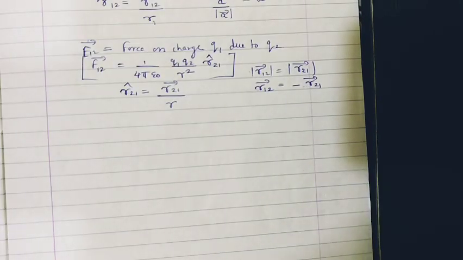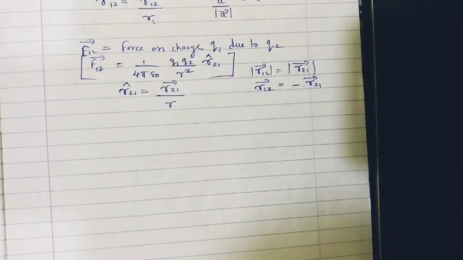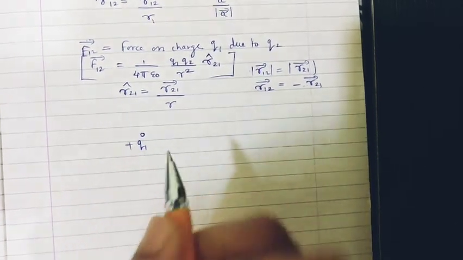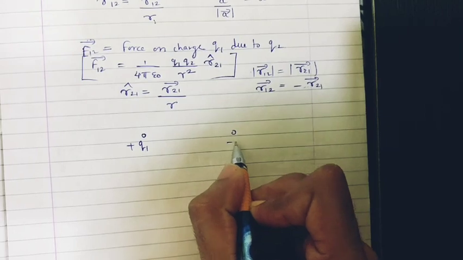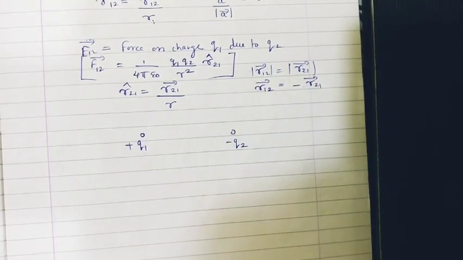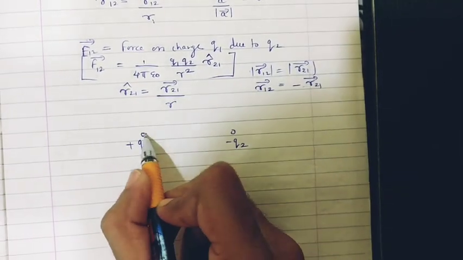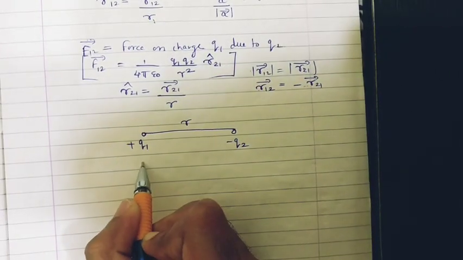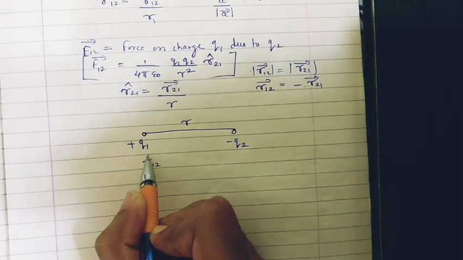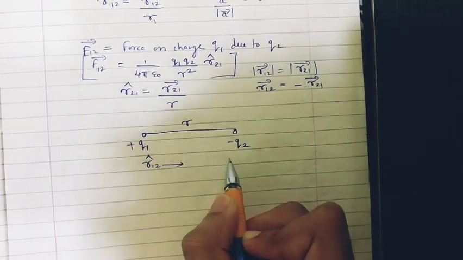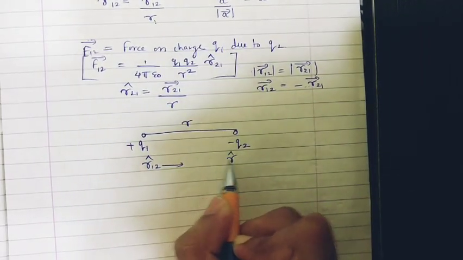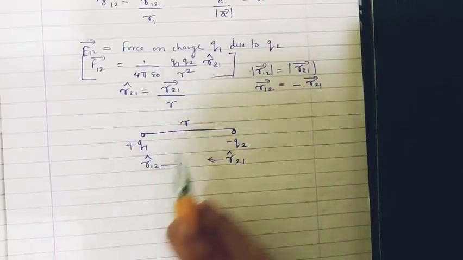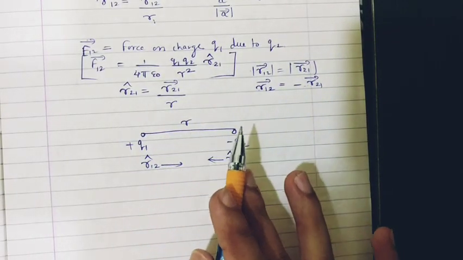Now if in the second case the two charges were equal and opposite, let's say one charge was plus Q1 and the second charge was minus Q2. So what will happen in this case? The rest of the things will remain same. The distance between them is R. This vector is going to be R12, which is in this direction from 1 to 2. This displacement vector direction is going to be R21 from 2 to 1. This is going to remain same, but in this case the force is going to be attractive.